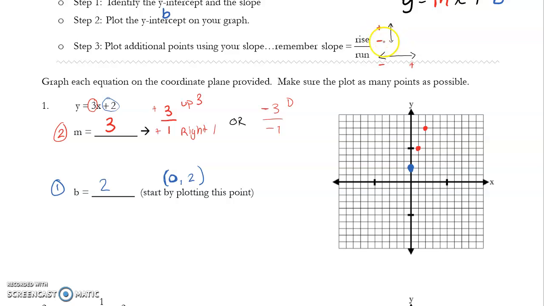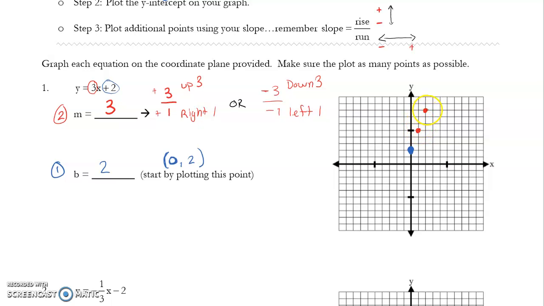A negative means I'm going down 3. And a negative 1 for my run means left 1. So from any one of these points, we can see that that actually works as well. If I started here, down 3, left 1, I'm back where I was. Down 3, left 1, I'm back to my y-intercept.